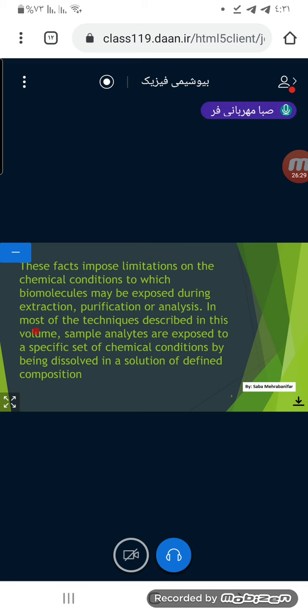When we want to extract, purify, or analyze the protein, something bad may happen to the protein or other macromolecules. They may be denatured. So we should be very careful, and we should make sure denaturation does not happen.